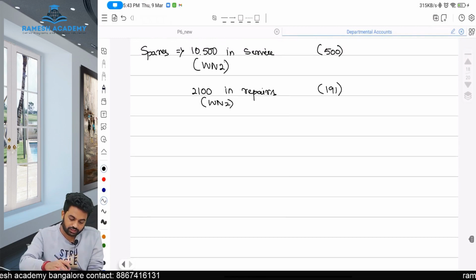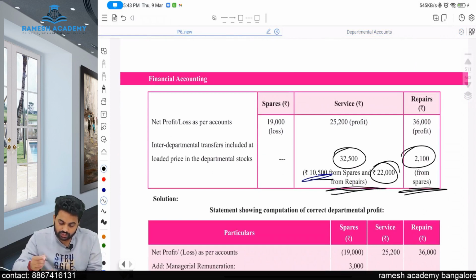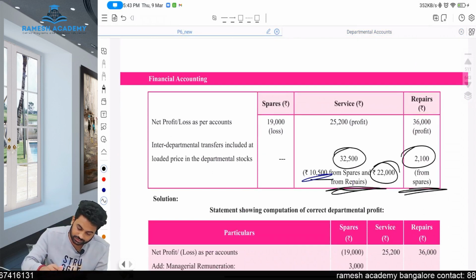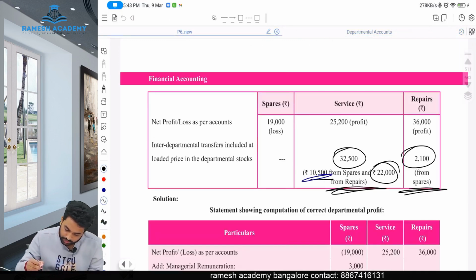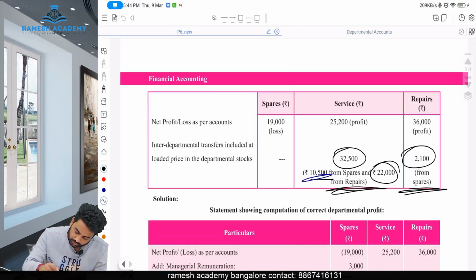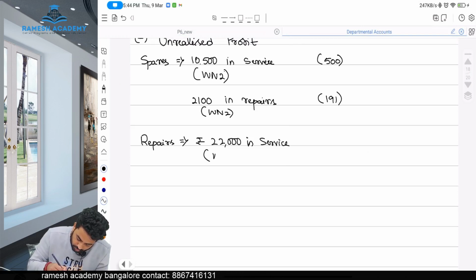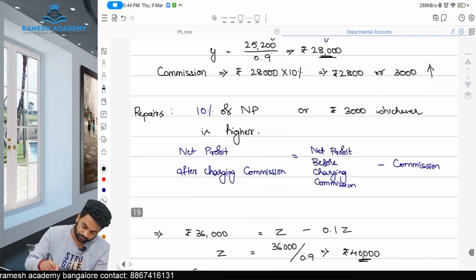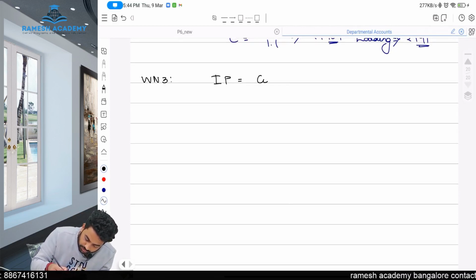Next, repairs ka loading is there in the service department. So repairs rupees 22,000 in service. Working note number 3. Invoice price is equal to cost plus loading.